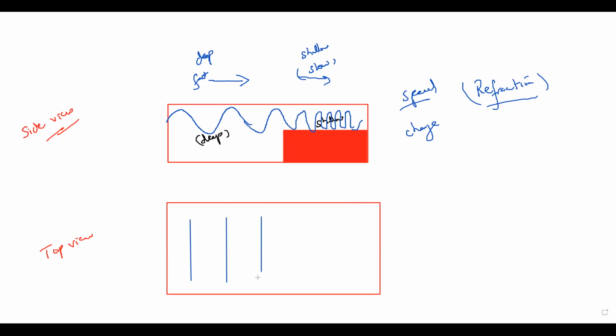But as they enter a shallow region, the distance between the wave fronts decreases. As the distance between the wavefronts decreases, it shows that the speed has changed. And whenever the speed of the wave changes, we call that refraction. If the direction changes, we call it reflection. But if the speed of the wave changes, we call that refraction.